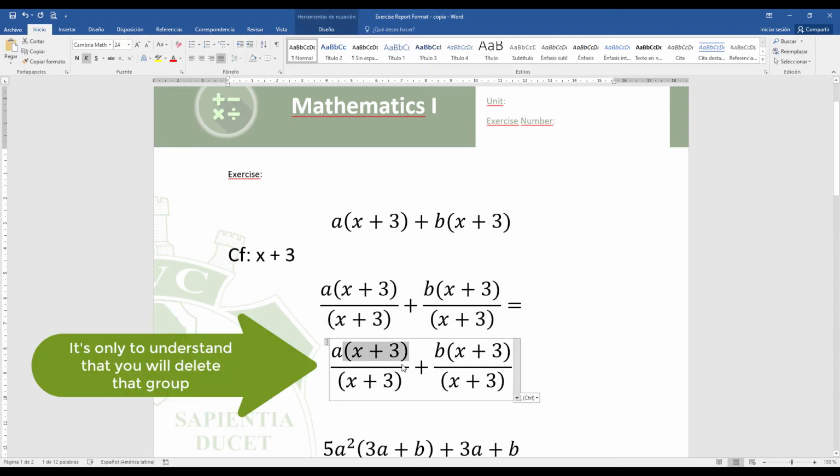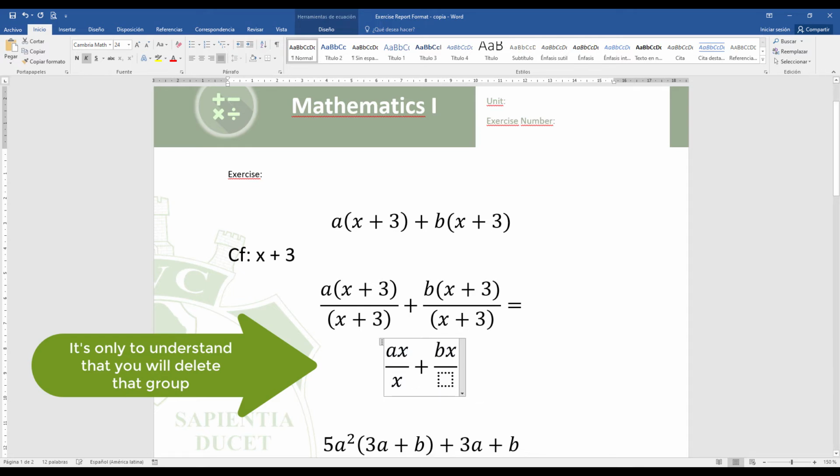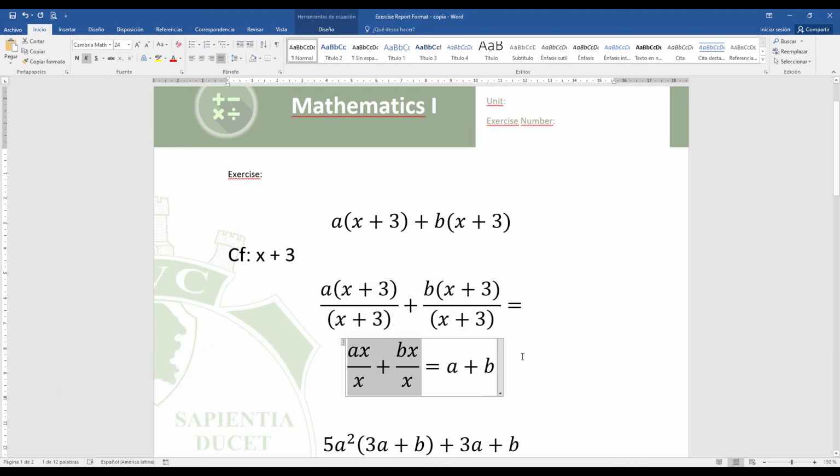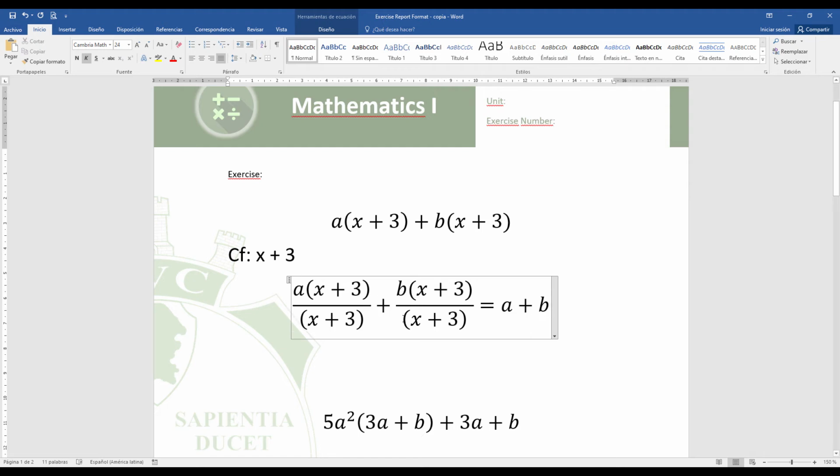Think, for example, that this is an x and this is an x and this is an x and this is an x. If you do that operation, you will get a plus b. So here is the same result. Remember, you will not eliminate, you will get 1 here. Okay, so this is a plus b.